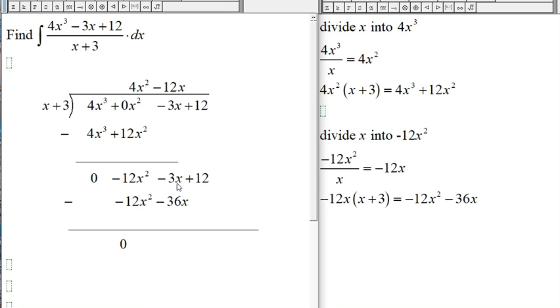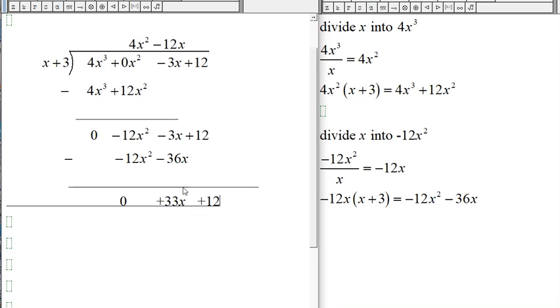And this is negative 3 minus negative 36, which would be like negative 3 plus 36, and so negative 3 plus 36 would be plus 33x. And bring the last term down, the plus 12. And then we repeat the process one more time.